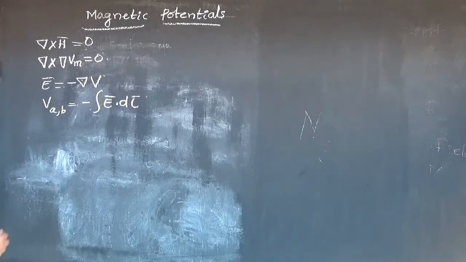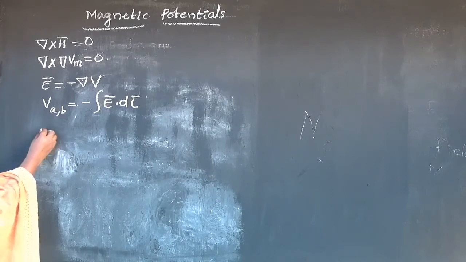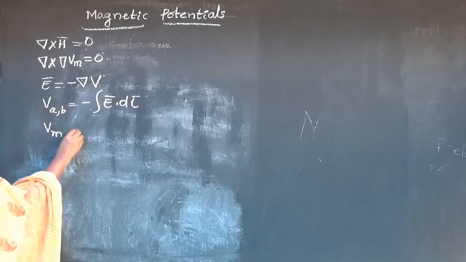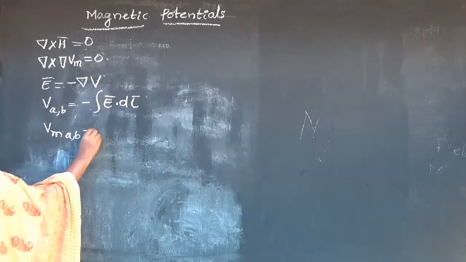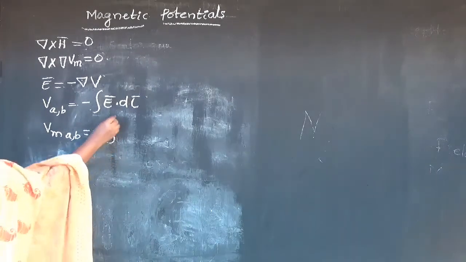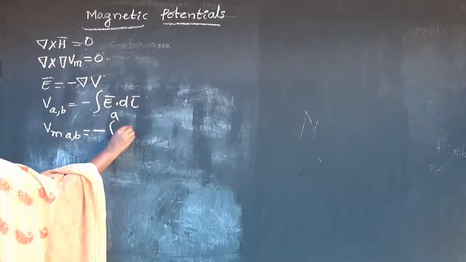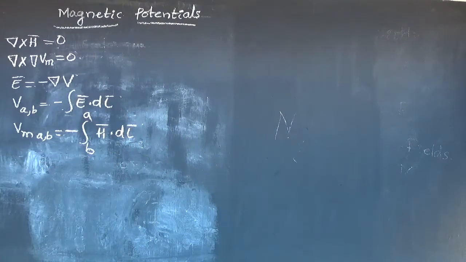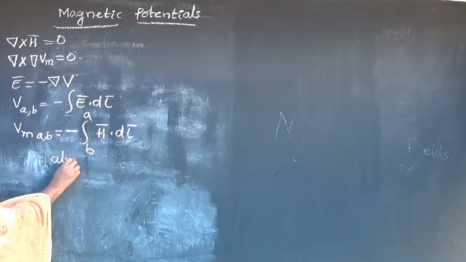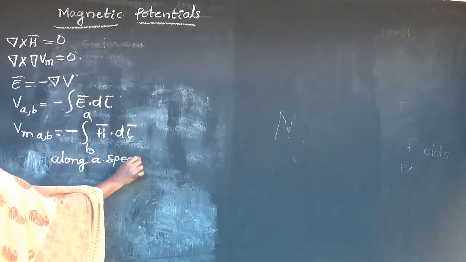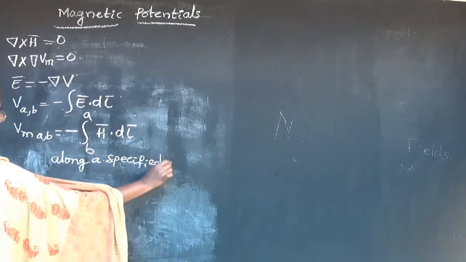So here in the same way we can have magnetic scalar potential Vm from A to B equal to minus integral from A to B of H bar dot dl bar along a specified path.